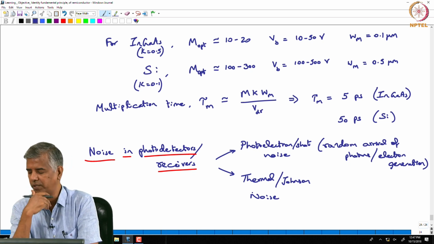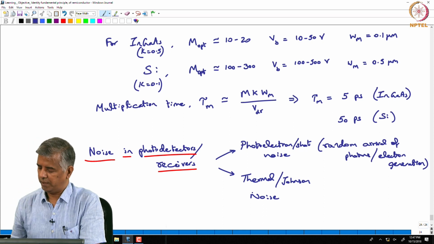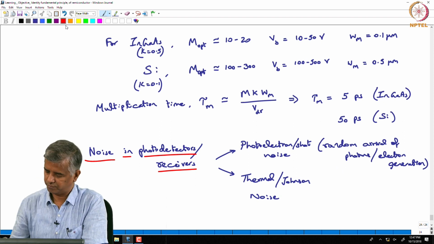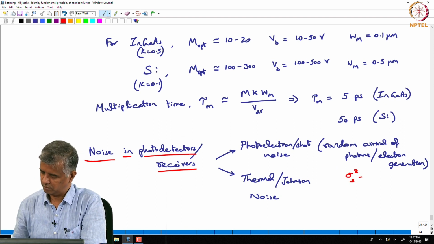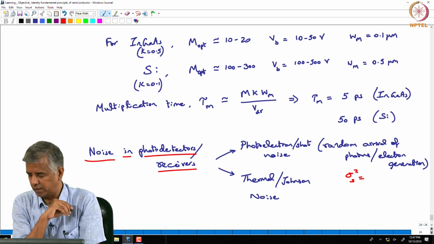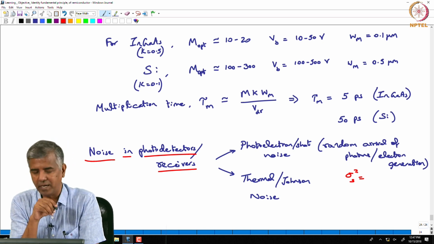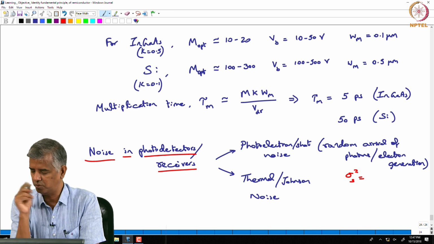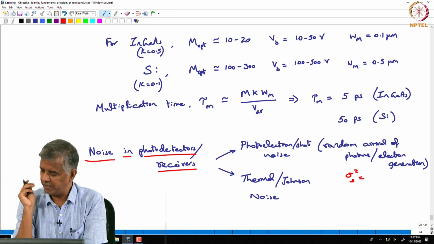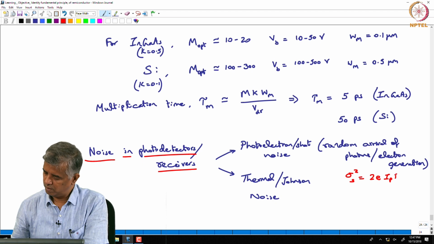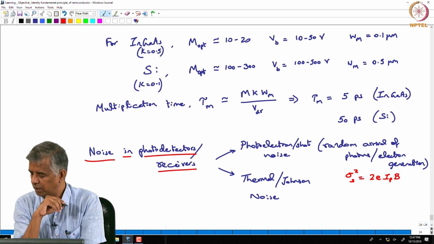So, there are two different noise sources, and if we quantify this noise, the noise variance, which we can say corresponds to sigma s square, is going to be given by 2 times E times I p multiplied by B. Sigma s corresponds to the RMS noise, and sigma s square corresponds to the noise variance.